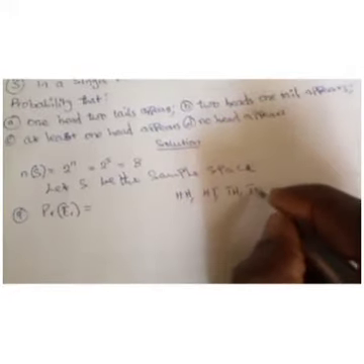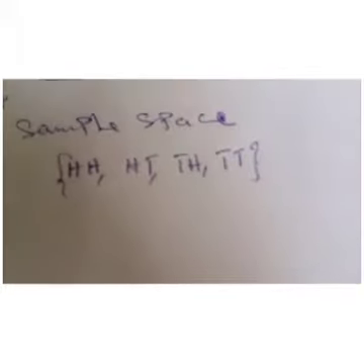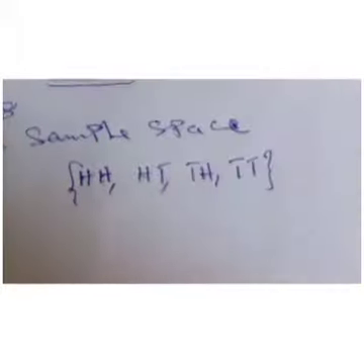In a single throw of 2 fair coins, we have the sample space: head, head; head, tail; tail, head; and tail, tail. This, for the single throw of 2 fair coins, is our sample space.